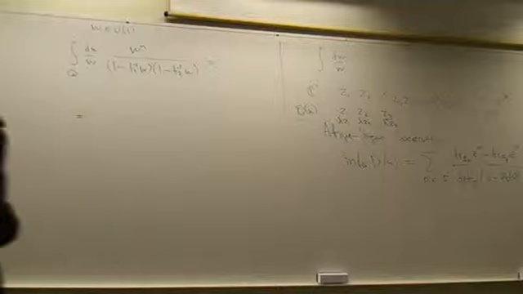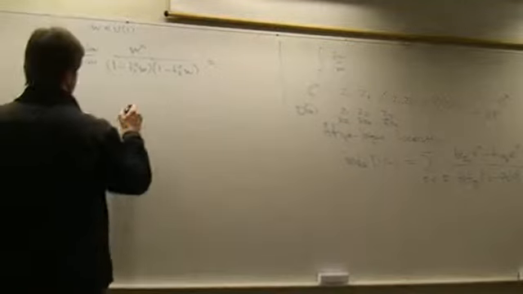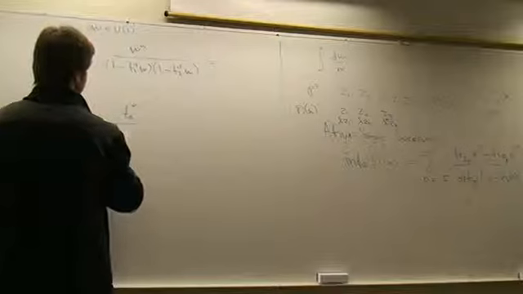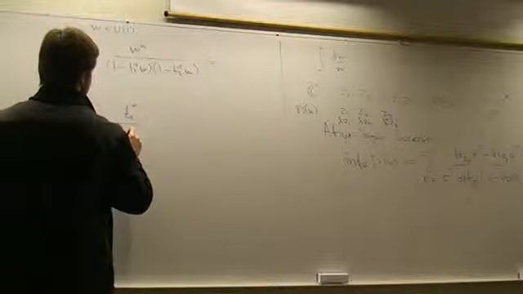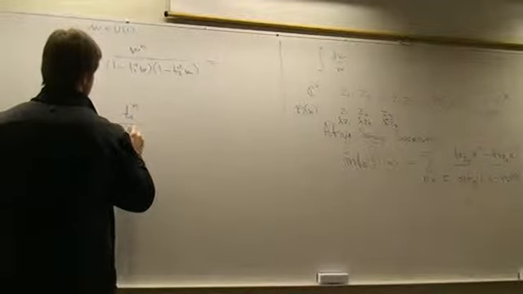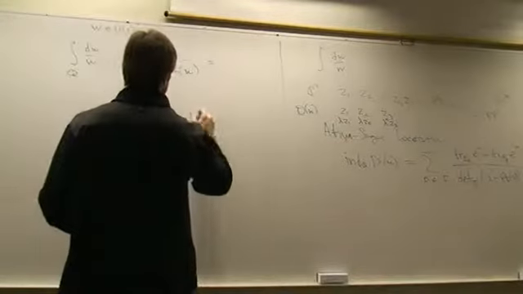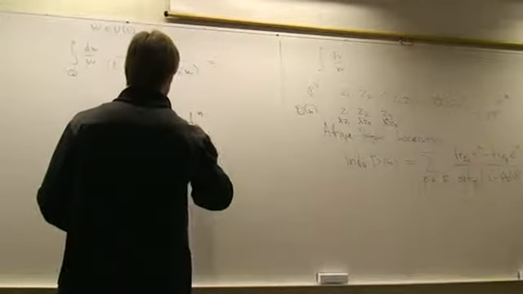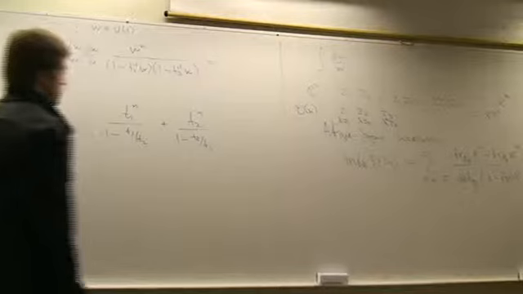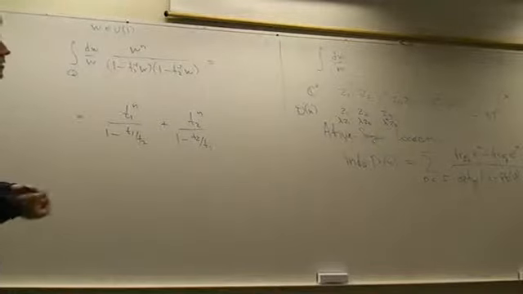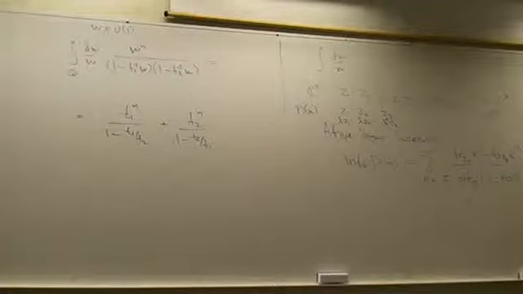If you compute it by residues, you'll get t1 to the n over 1 minus t2 over t1, plus t2 to the n over 1 minus t1 over t2. The parameter t2 over t1 is what you would call just the equivariant U1 weight when it acts on CP1, the ratio of those.